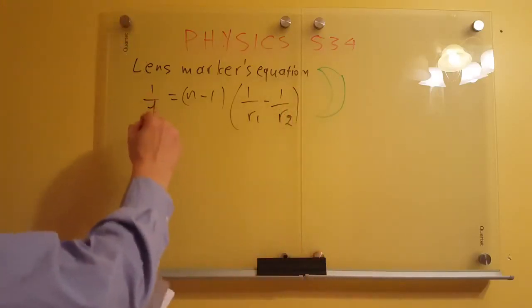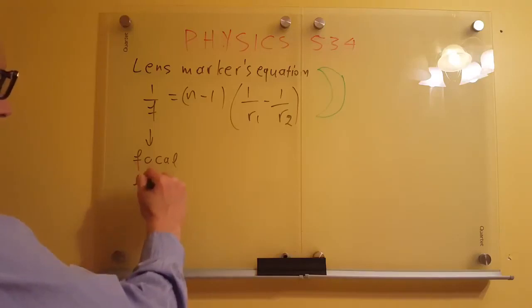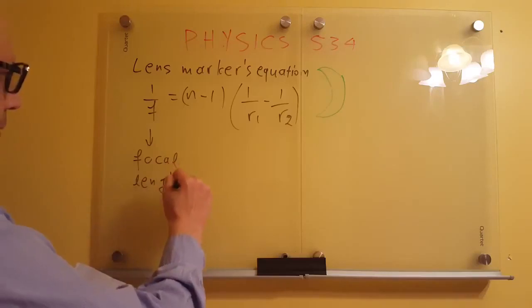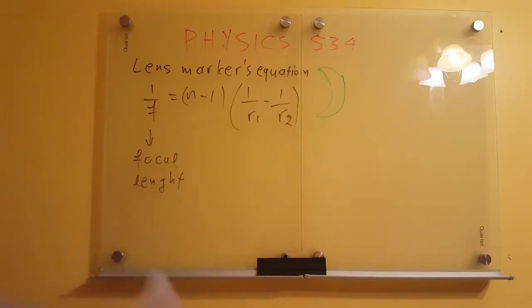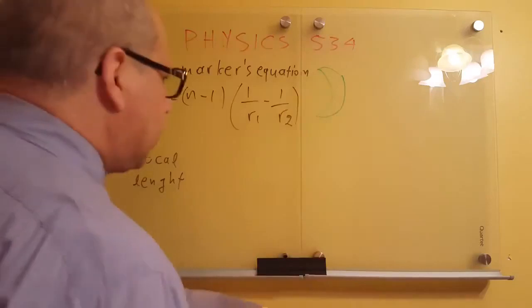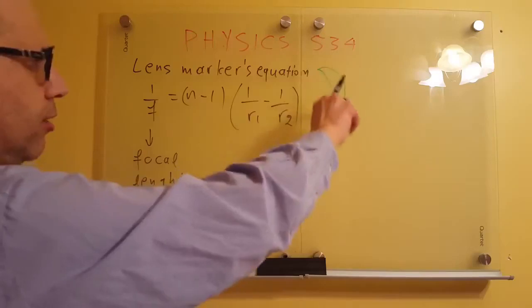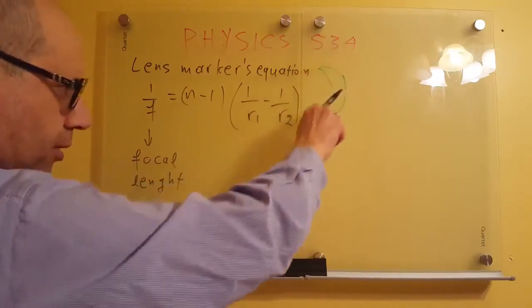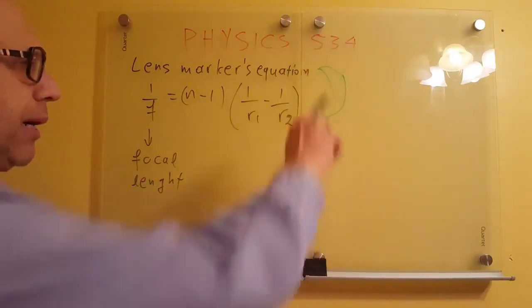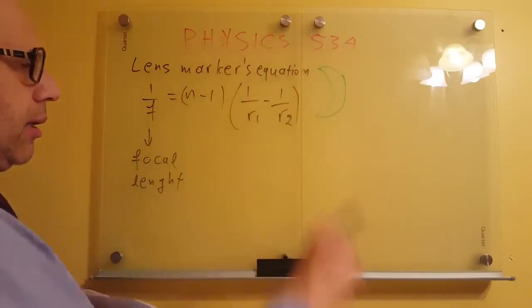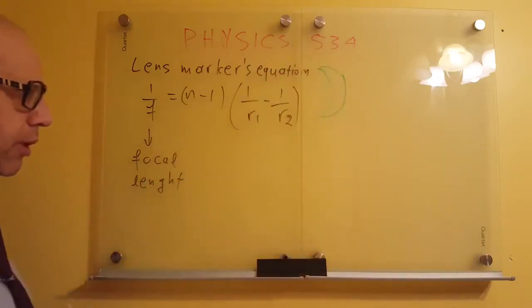Now, f is the focal length of the lens that we are talking about, n is the index of refraction of the lens, r1 is the radius of curvature of the first surface of the lens that the object faces, and I will explain what I mean exactly.